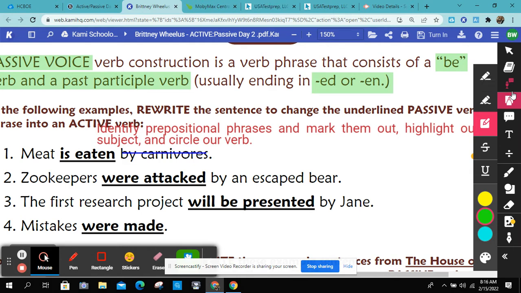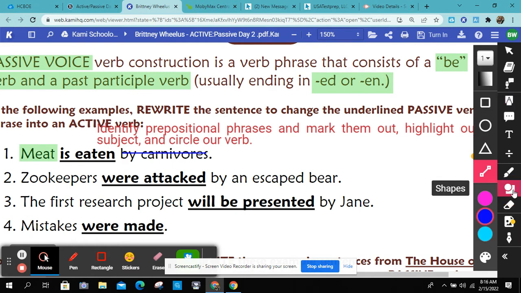What is this sentence about? Meat. Meat is the subject. Okay. Now, what is my verb or verb phrase? Is eaten. Okay.